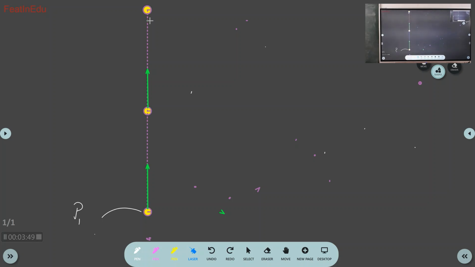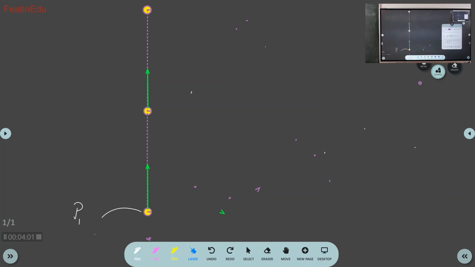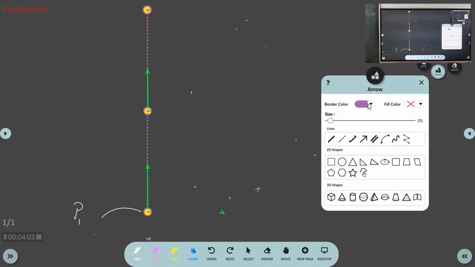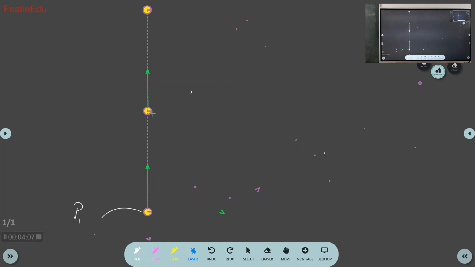What happens to the ball after reaching the highest point? It will fall down. So will it again come back to this position? Yes, sir. It will come back to this position, correct? Please understand.